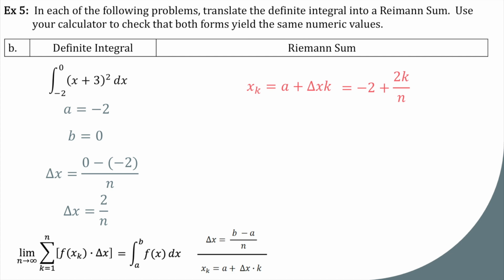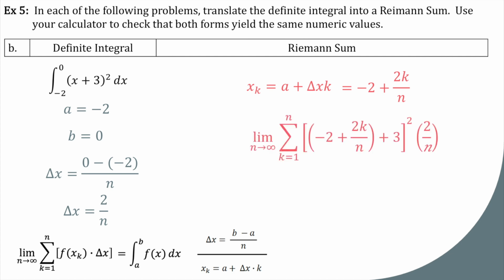And now we throw that all into our lovely limit notation summation. So here's our limit. Limit as n approaches infinity, the first rectangle to the nth. And then here's our height, where x sub k got put in for the x, plus 3 squared times delta x.